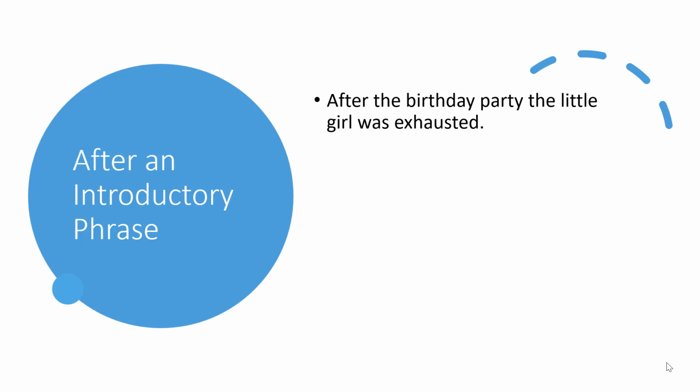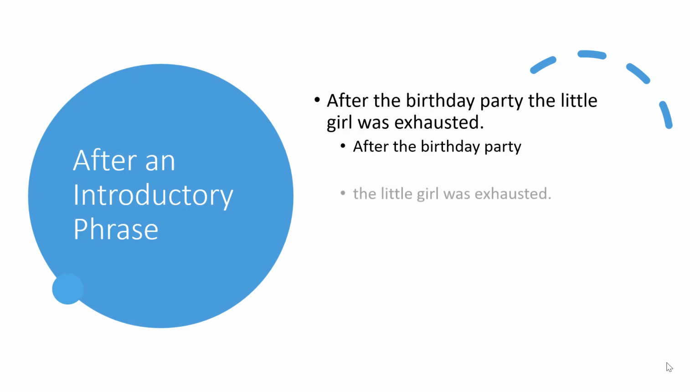In the example in front of us, I have, after the birthday party, the little girl was exhausted. When we break this down, you have the introductory phrase. After the birthday party is what is called a dependent clause because it cannot stand on its own. However, it is setting the tone for the rest of the sentence.